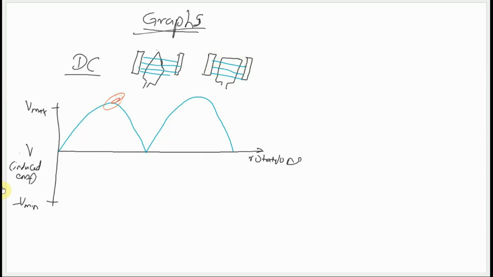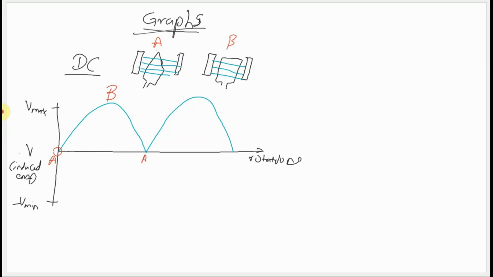I'm going to label this position A and position B. Since this is a rotation, let's say it is a clockwise rotation. It rotates from vertical to horizontal, and then goes back to vertical again.